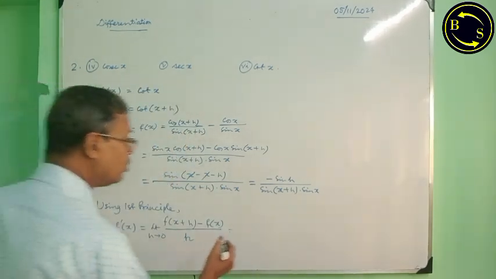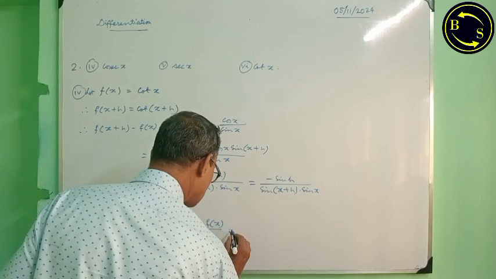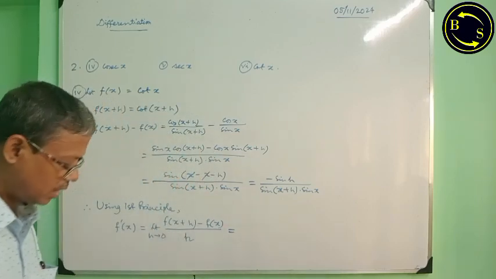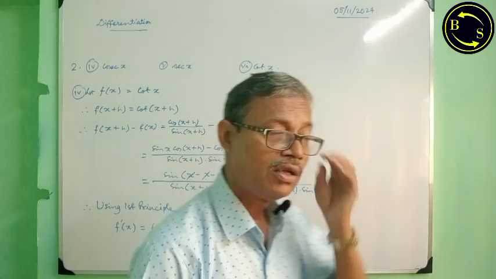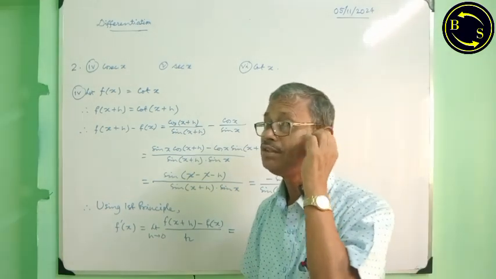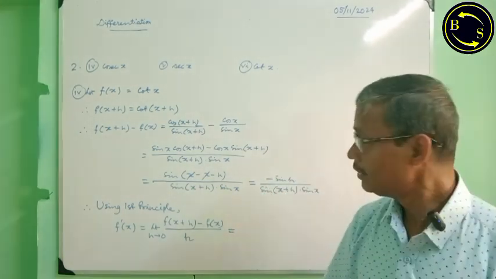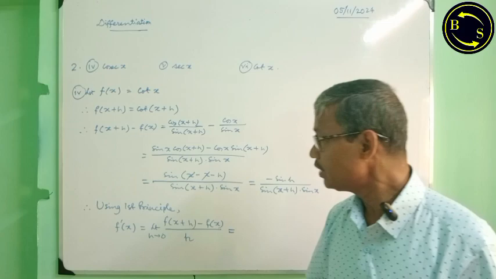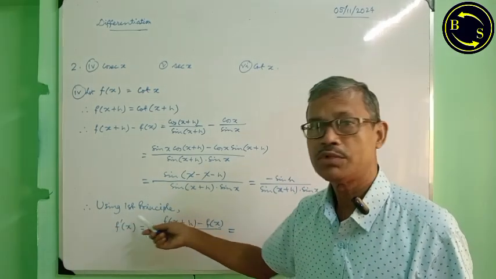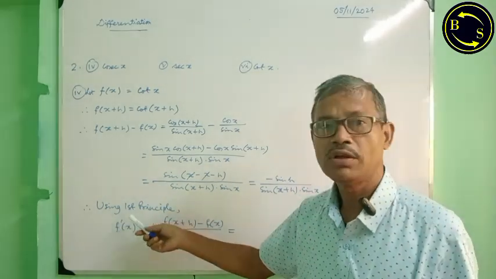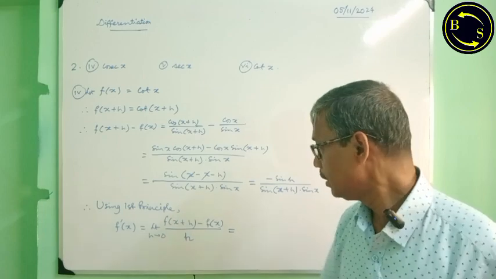Now I put this value here, and remember one thing: while you will be asked to find the derivative of a given function using definition, you must write such type of terms using first principle or by definition, like this.